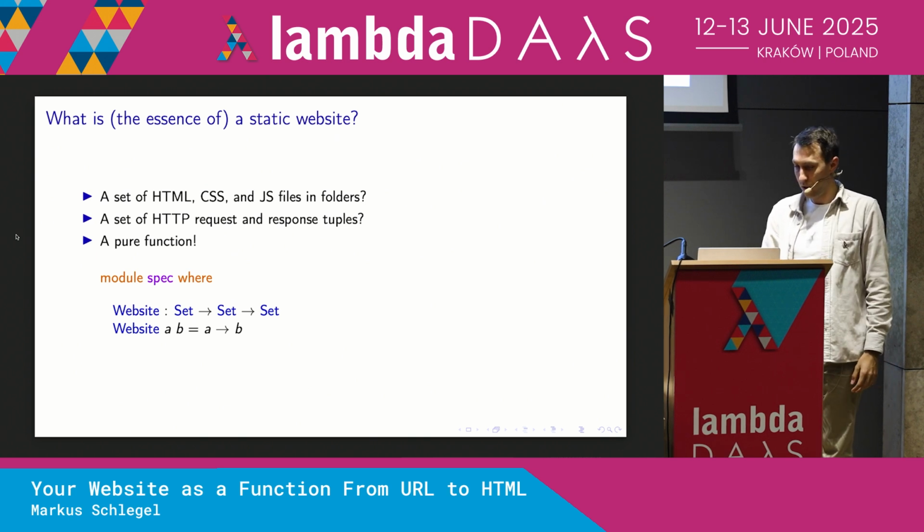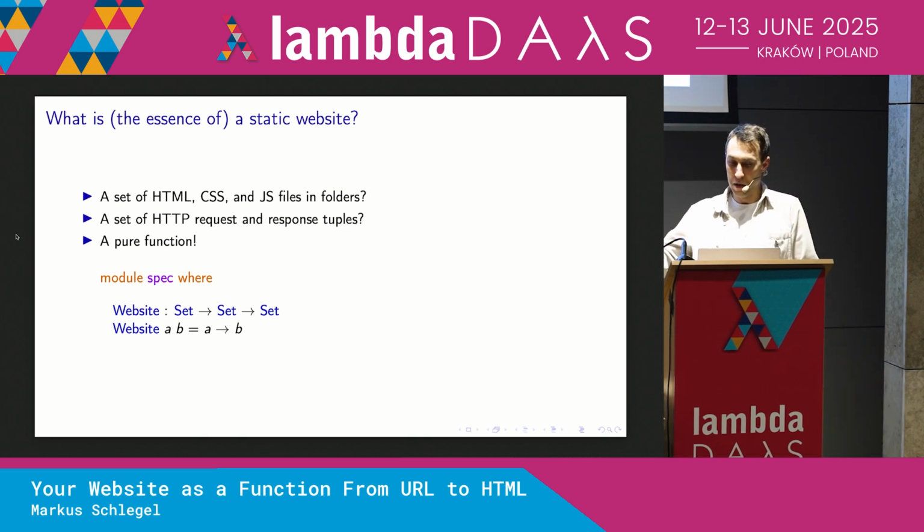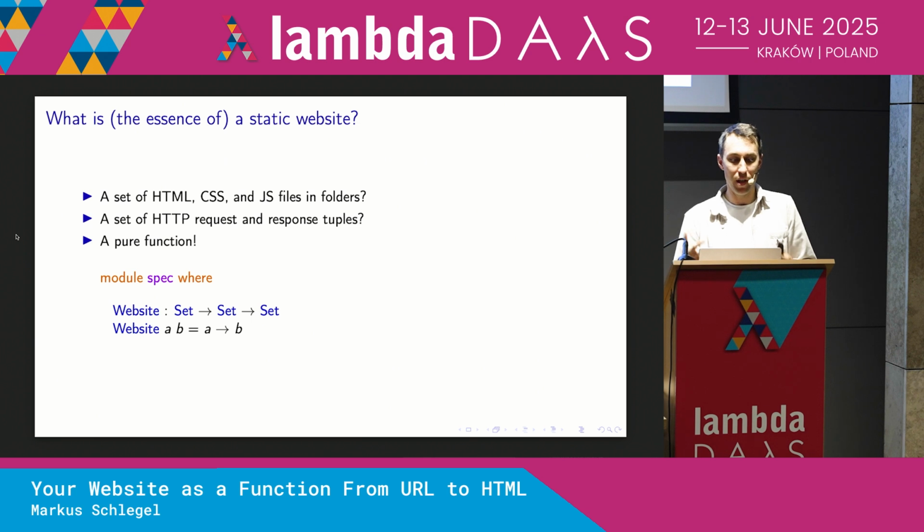So we start by doing that. We say website. And immediately, the talk title is from URL to HTML, but it doesn't hurt to abstract in both of these arguments, right? So we say a website from A to B, where A and B are abstract.